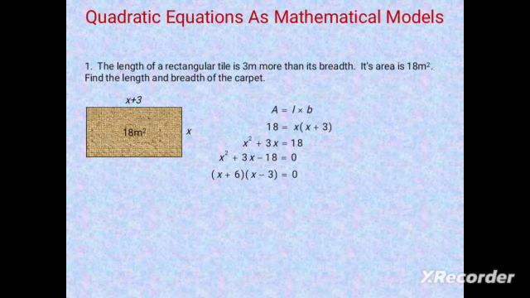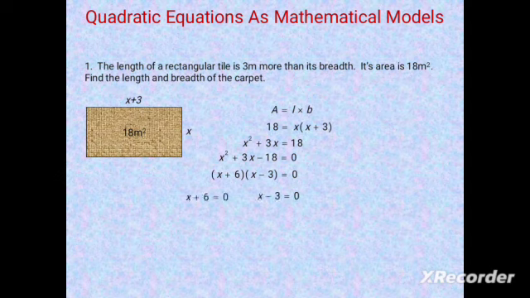And from there now we can solve it using any method. We can use factorization, we can use quadratic formula, we can also use completing the square method to solve this out. And now the factors are x plus 6, x minus 3 equal to 0.